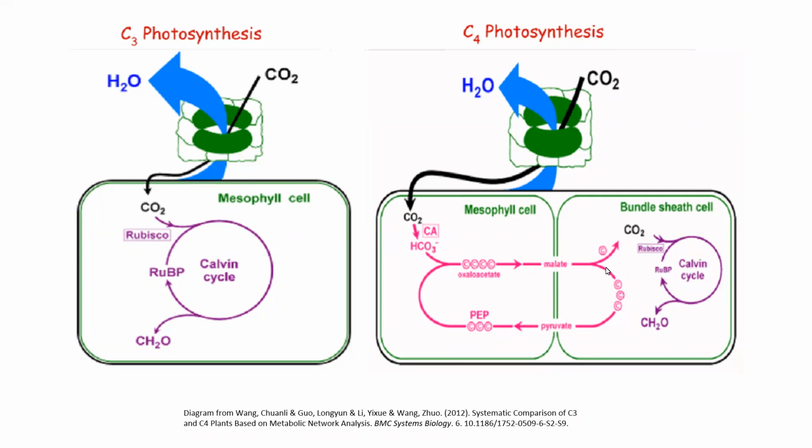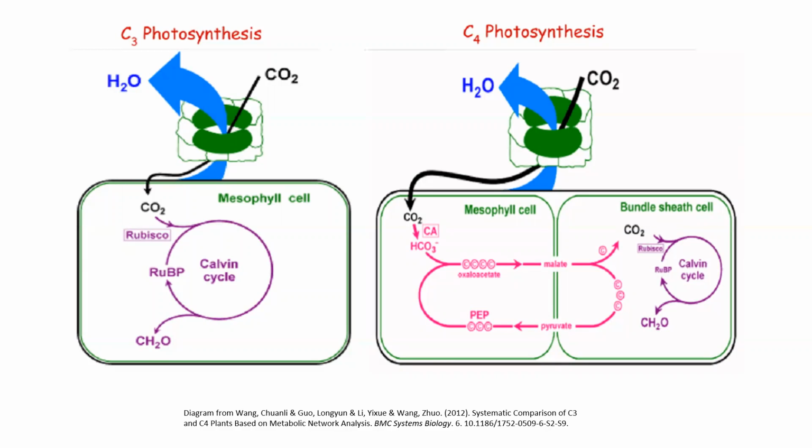One carbon splits off, the other 3 go back as pyruvate into the mesophyll cells. We keep dumping off carbon to bind with Rubisco to go through the Calvin cycle. Okay, so we literally separate light reactions and dark reactions in different cells in C4 plants.